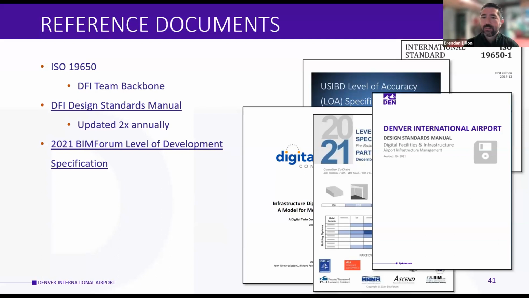We also use the 2021 BIM Forum level of development. The LOD specification is really principally geared towards the model aspect, which is why we use it, because trying to define that information ourselves would probably drive us crazy. So it's a fantastic document for setting that standard for us so we can focus on the data. Next slide.